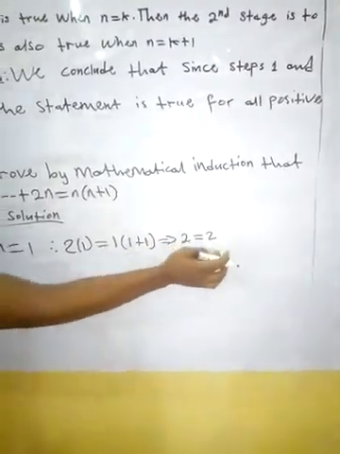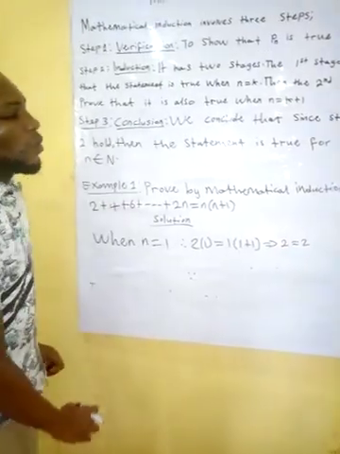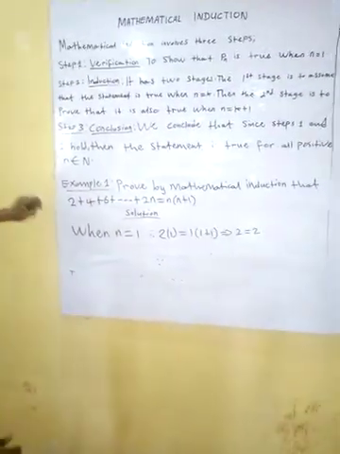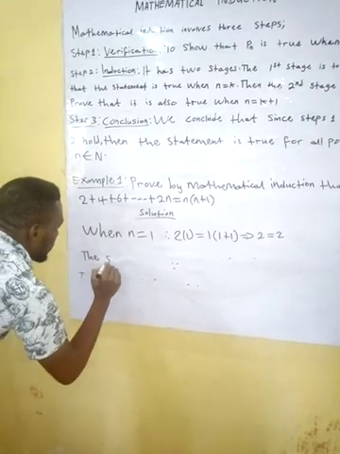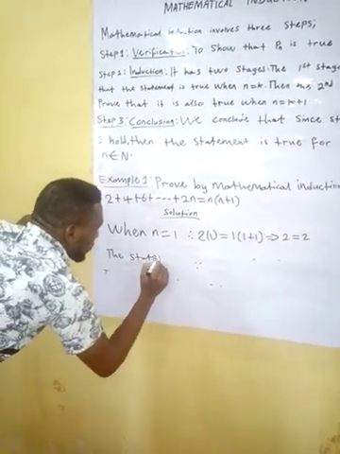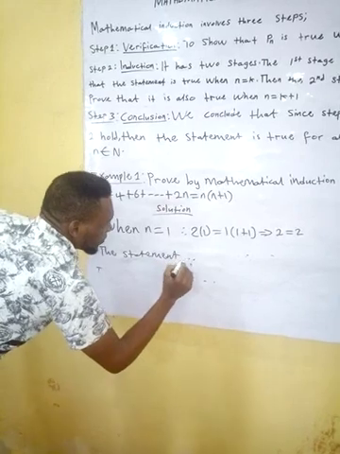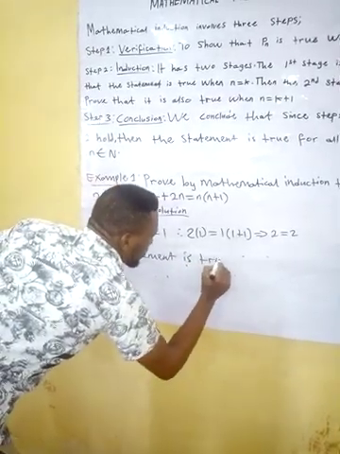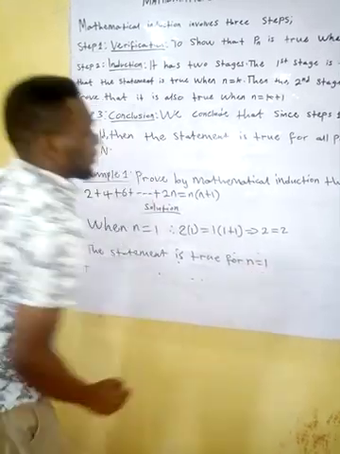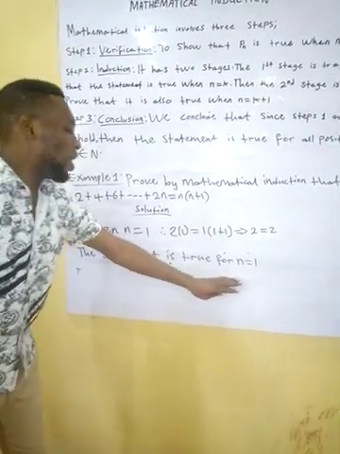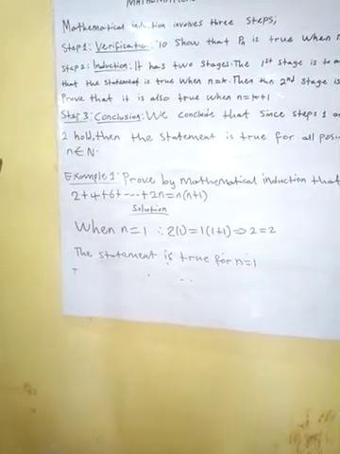Since both sides are equal, we say the statement is true for n is equal to 1. Now we have proved step 1. We now move to step 2, which is induction.